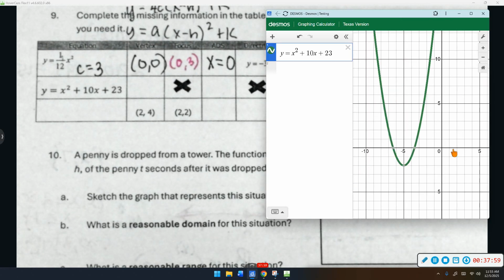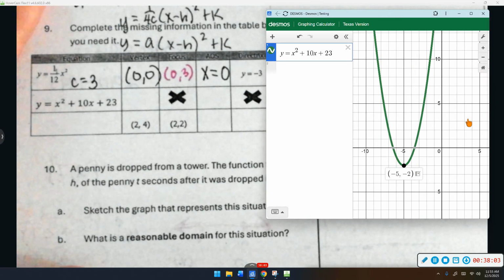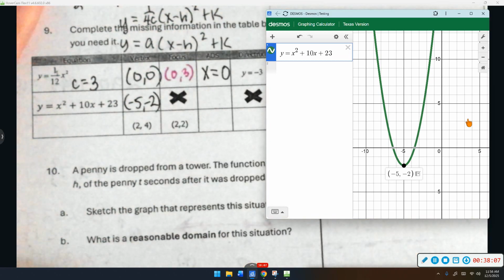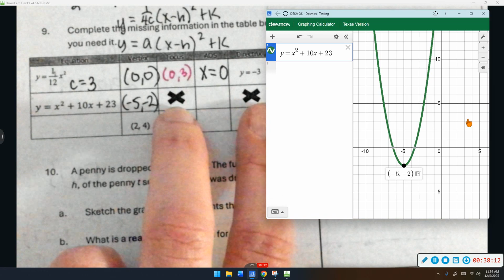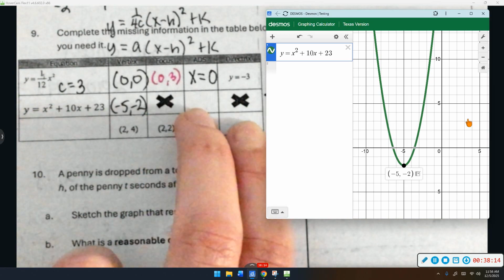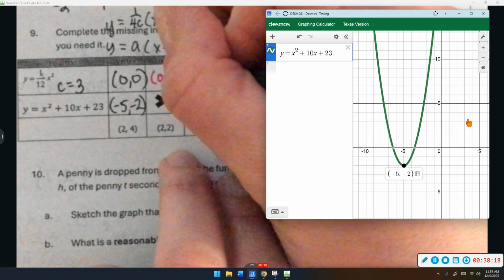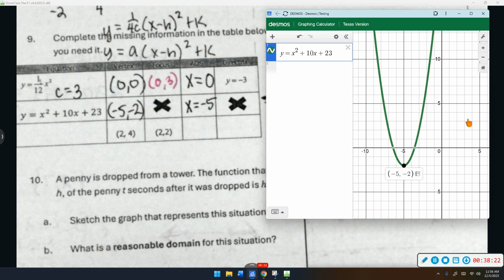There she is: (-5, -2). Okay, these are x'd out. It's telling me, hey, don't worry about giving that information for this one. The axis of symmetry goes through the vertex: x equals -5. Yes, all right.